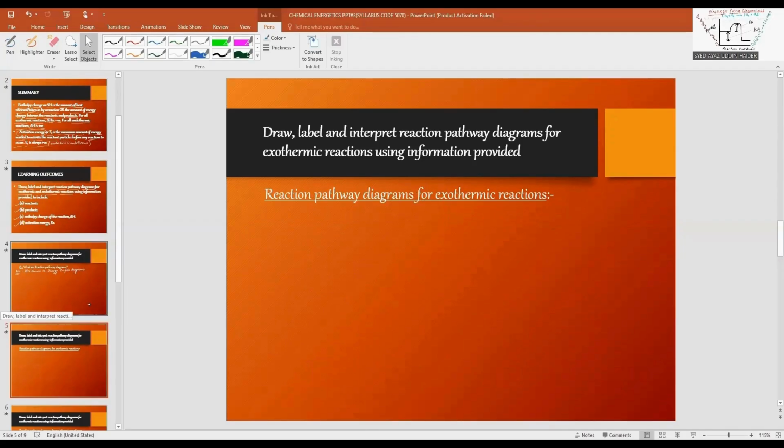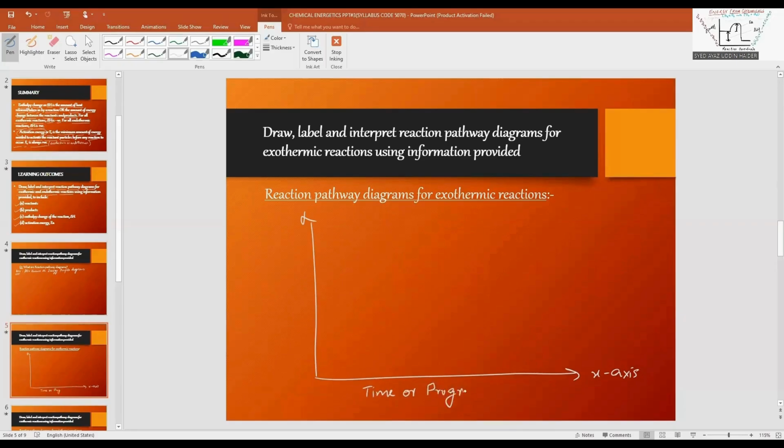Let's draw the energy profile diagram for exothermic reactions. This is the x-axis, and on the x-axis you have time or progress of reaction.